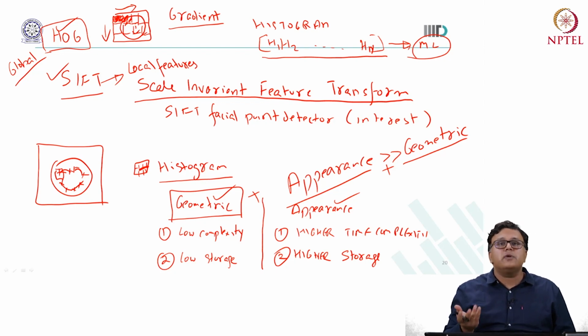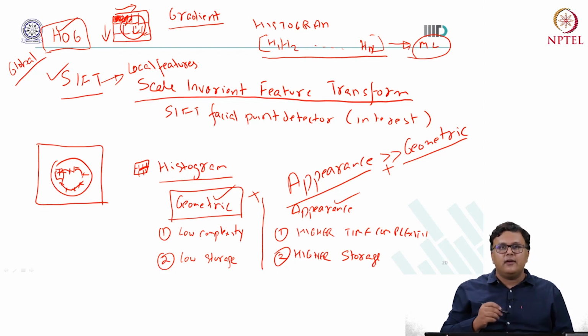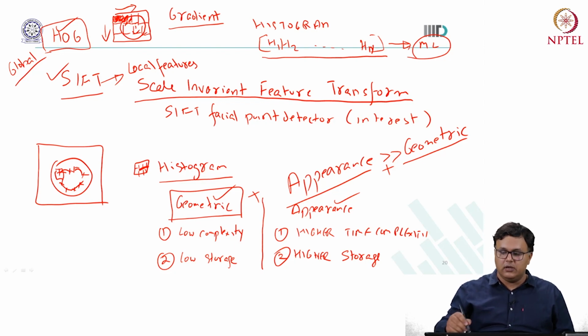Now, an obvious question arises. If given a face, I have n interest points. Around each interest point, I compute an appearance feature descriptor based on SIFT. For each image now, I will have n SIFT feature descriptors. How do I learn a classifier?